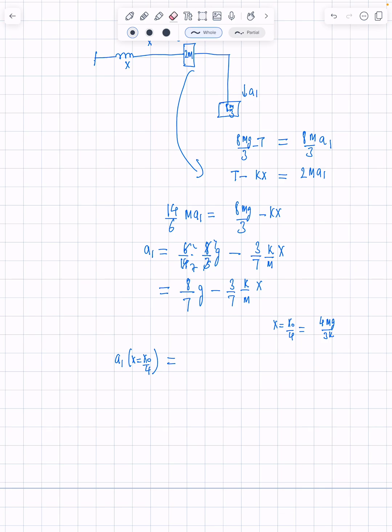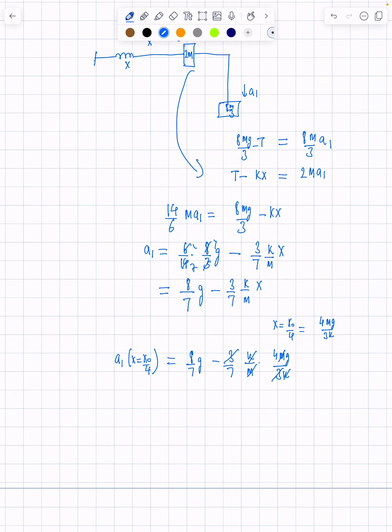So 8 over 7g minus 3 over 7 k over m, times 4 mg over 3k. So this is 4 over 7.